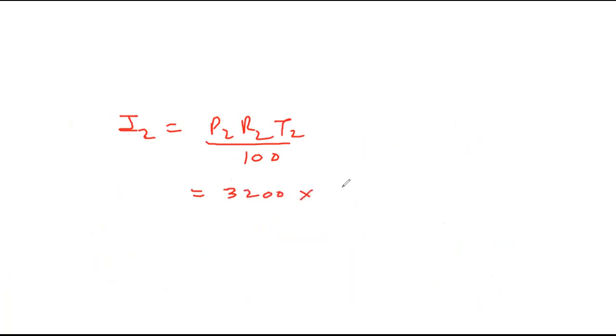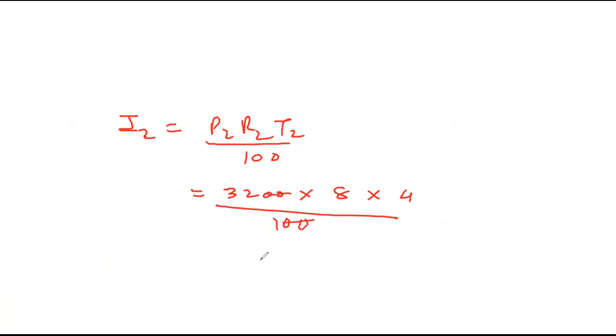Now we want to find what is A2. So I2 is P2 R2 T2 upon 100. What is P2? 3200. And R we got R1, 8. T2 is 4.